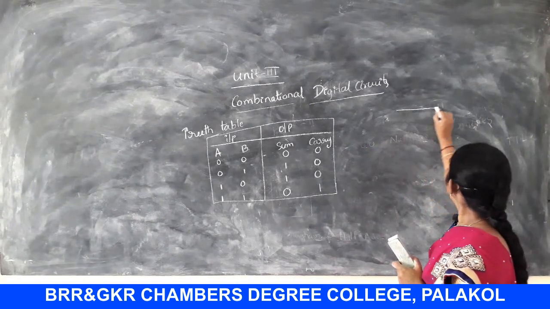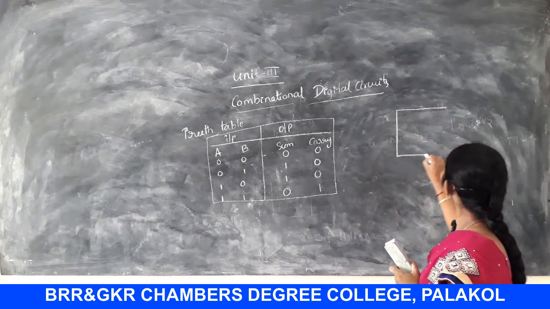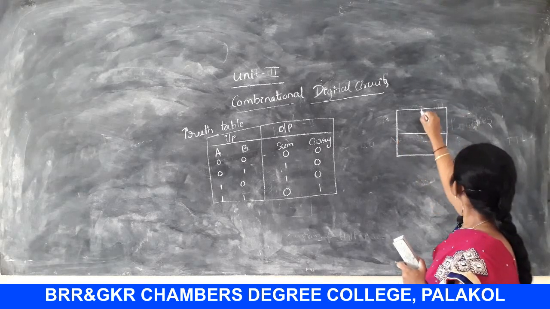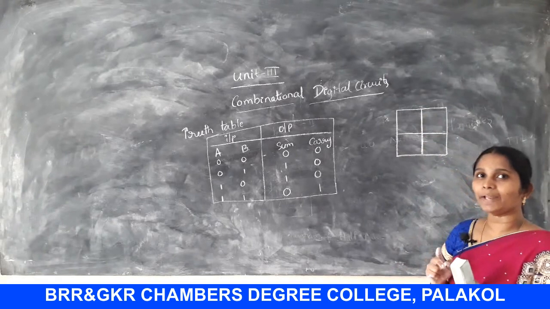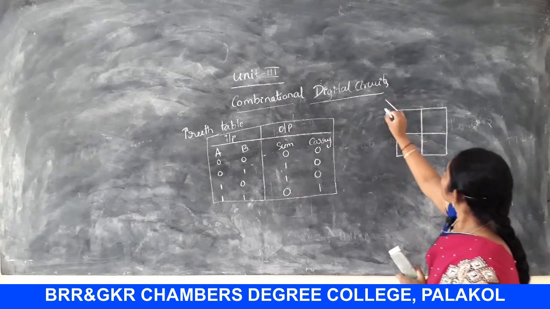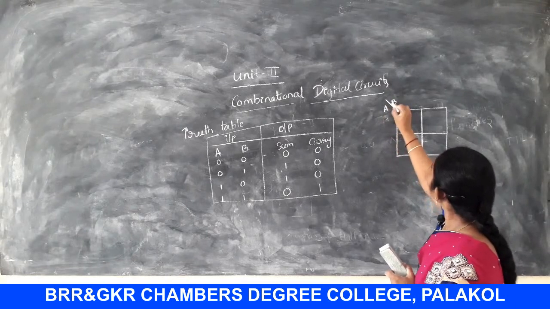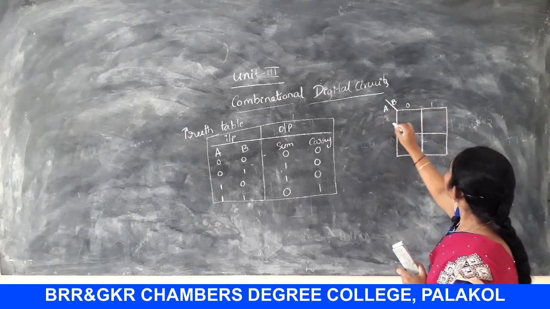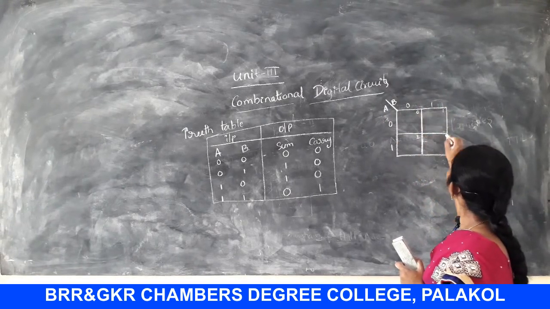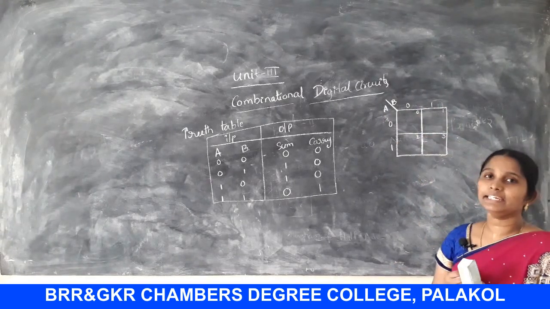For 2 variables, we apply 2 inputs, therefore it has 4 cells. So this is A, B, with 0, 1, 0, 1, and cells 0, 1, 2 and 3.